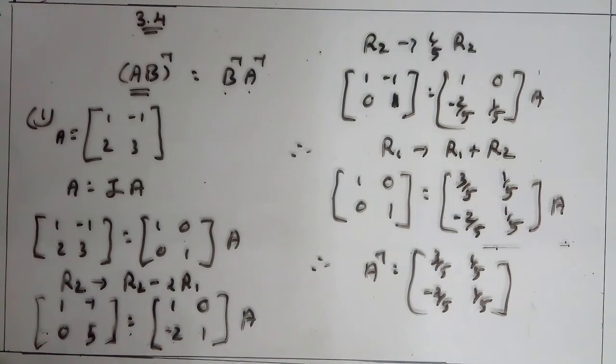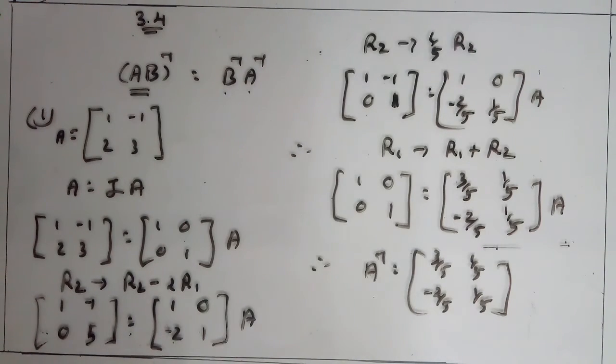You know that when we say A and B are inverse of each other, the multiplication of the given two matrices is equal to identity matrix, then we say that these two matrices are inverse of each other.